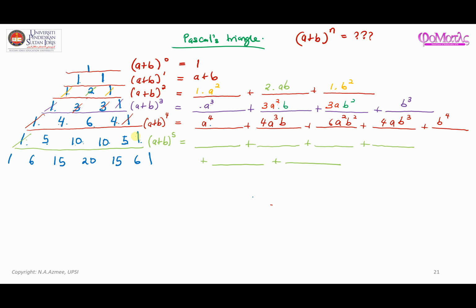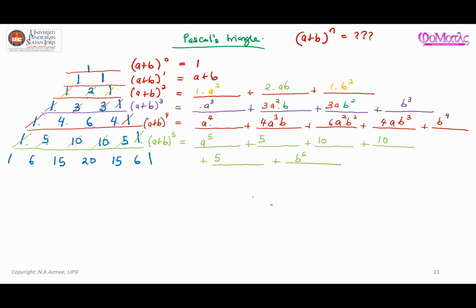Get rid of 1 and 1, so we know that the highest power is 5, a to the power of 5, b to the power of 5, and we are done with that. Next, 5, 10, 10, 5.